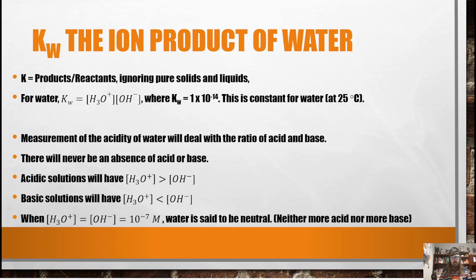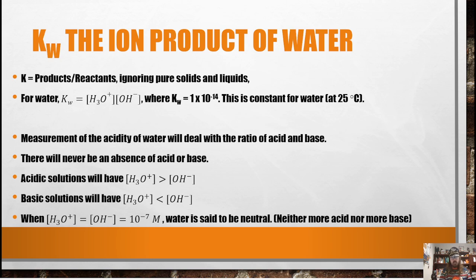So when we measure acidity, we have to deal with the ratio of acid to base. There will never be pure acid with no base or pure base with no acid. It's just the base may be so small we cannot easily measure it. So when we talk about an acidic solution, we have a greater quantity of acid floating around.